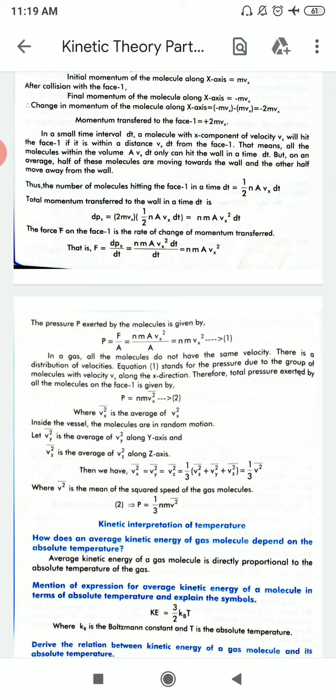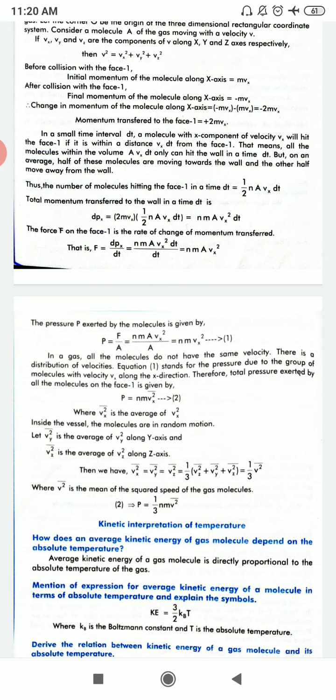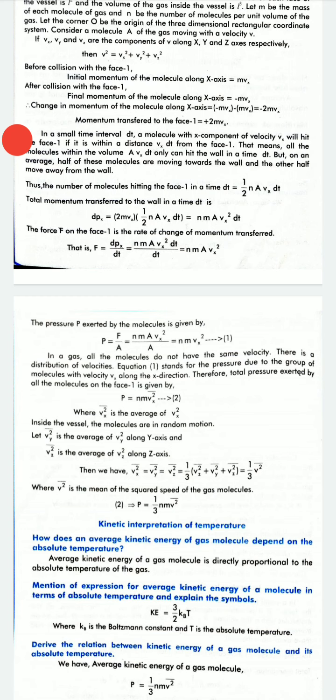Sometimes they ask: mention the expression for average kinetic energy of a molecule in terms of absolute temperature and explain the symbols. You may write KE = 3/2 k_B T, where k_B is the Boltzmann constant and T is the absolute temperature.